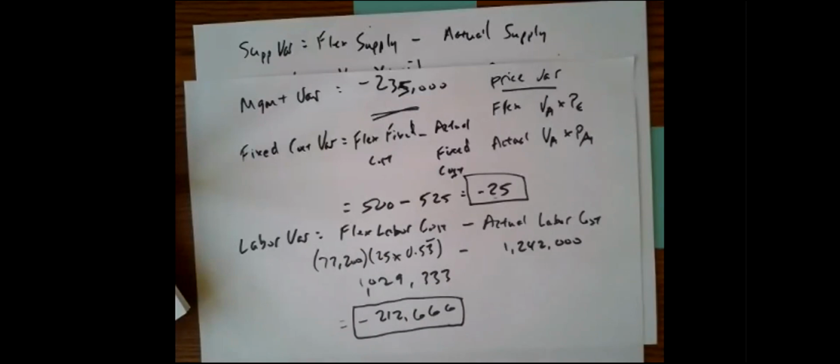Okay, so the last part of the problem is just to discuss the results, right? So as a result of the changes, if you remember from the spreadsheet, they had an $81,000 loss, a negative profit variance.